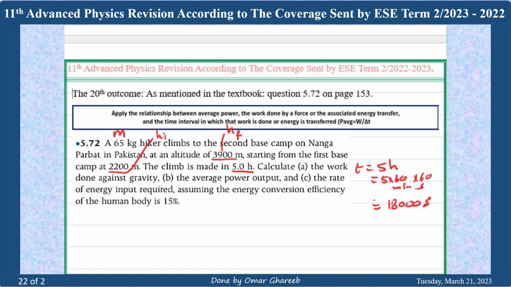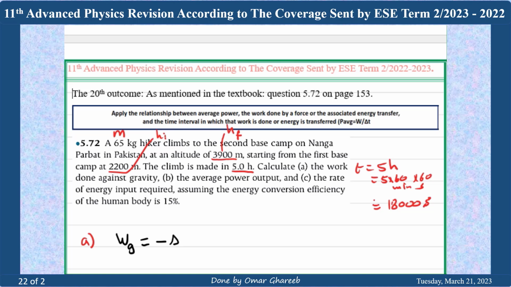First, calculate the work done against the gravity. For A, I need the work against it. Find first the work of the gravity.